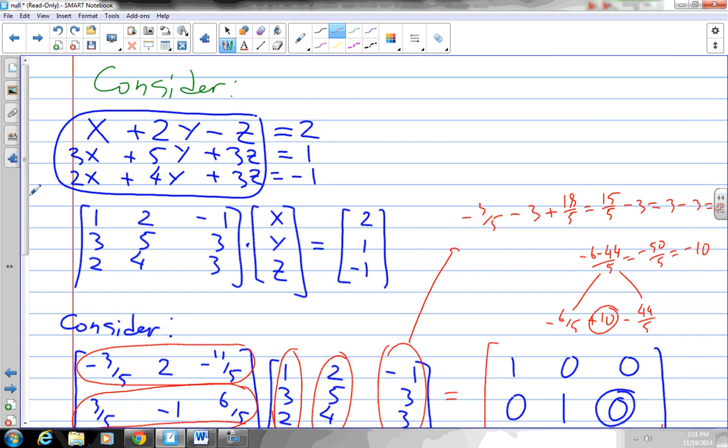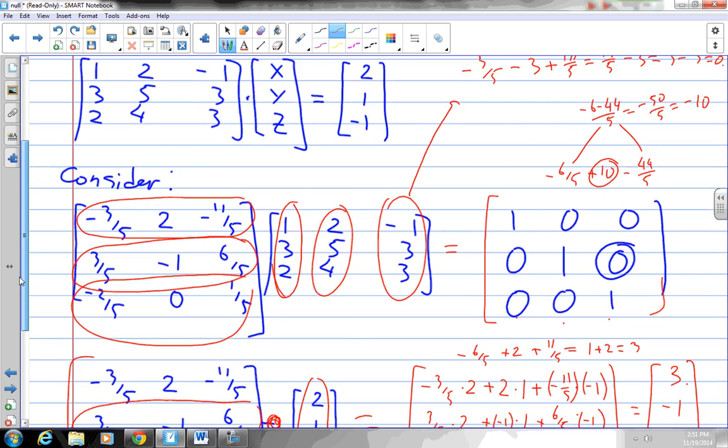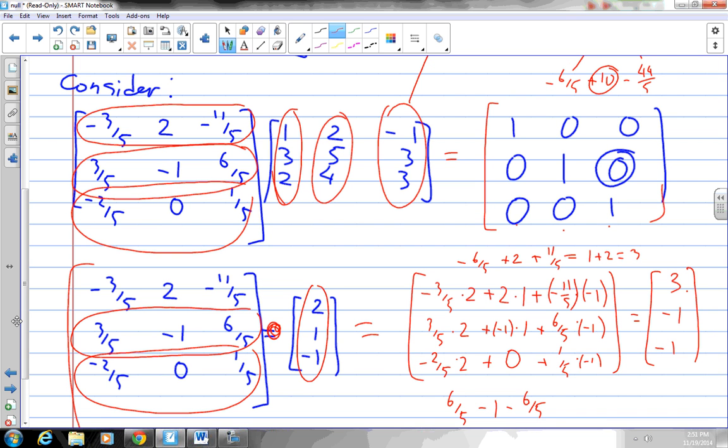Now, of course, that was just me being very lucky by knowing that matrix in advance. This is called the inverse matrix. Just like you have additive inverses, multiplicative inverses, this is the multiplicative inverse.